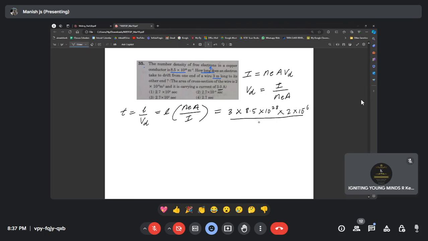Current is nothing but 3 amperes. Okay, so this 3 and this 3 will get cancelled off. So you just need to multiply, children, and then simplify it. Okay. So go for the simplification and tell me what is the value that you're getting.